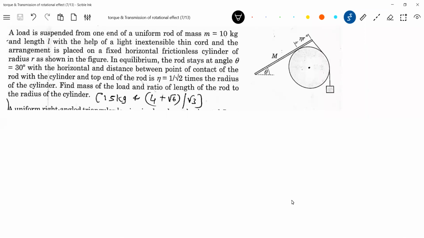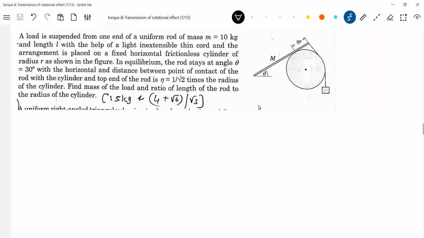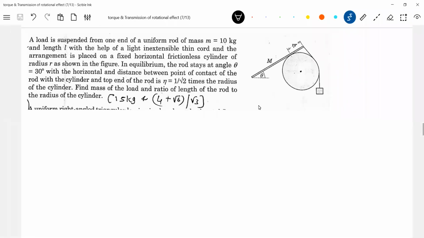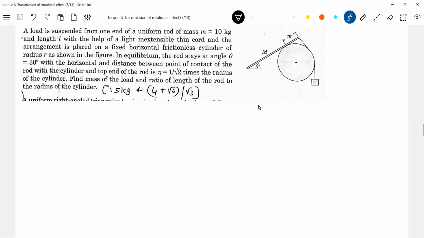I show all the forces that are going to act on the system. First we'll draw a cylinder.